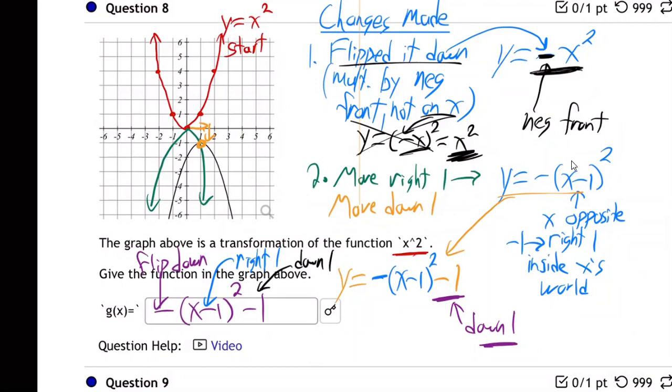So see how powerful these concepts are? See how you can quickly look at this U shape and boom, that quick you can get this complex equation. You just look at this U shape and go, okay, I know the basic U shape is x squared, but this one's been flipped down, negative in the front, right 1, which is actually minus 1 in x's world, inside the parentheses, opposite, and then down 1 is minus 1 outside.